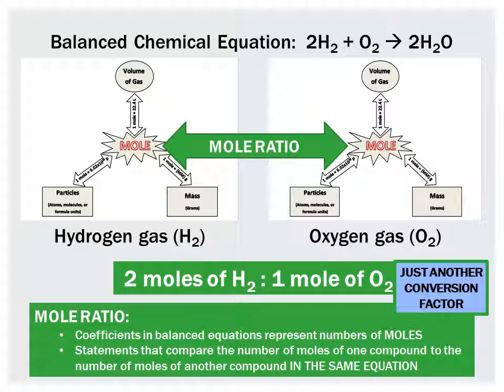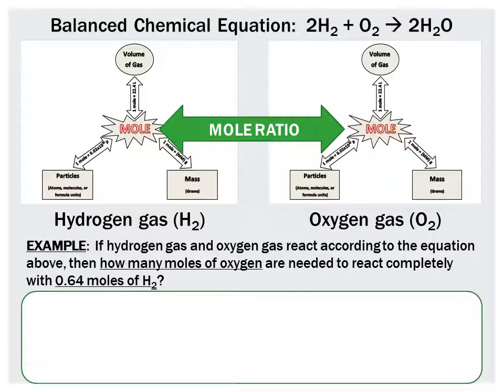I'm going to solve a simple problem and then give you some specific steps, and then we'll solve a slightly more difficult problem. So here's your example. If hydrogen gas and oxygen gas react according to the equation above, how many moles of oxygen are needed to react completely with 0.64 moles of hydrogen?